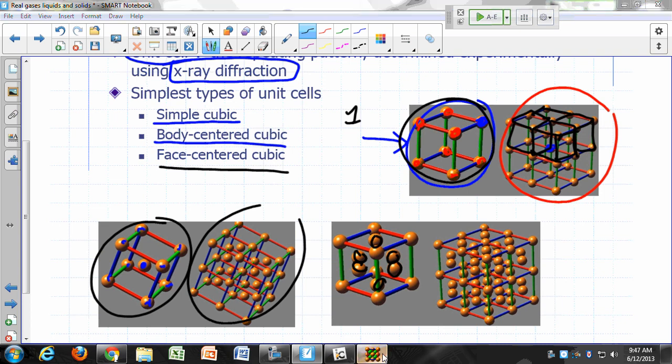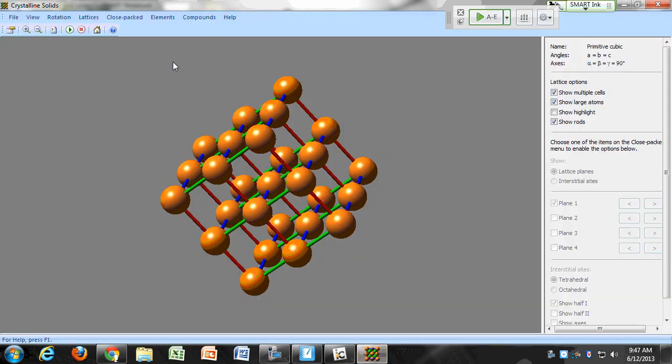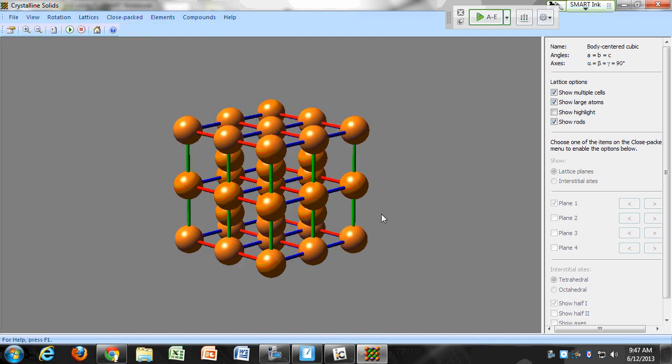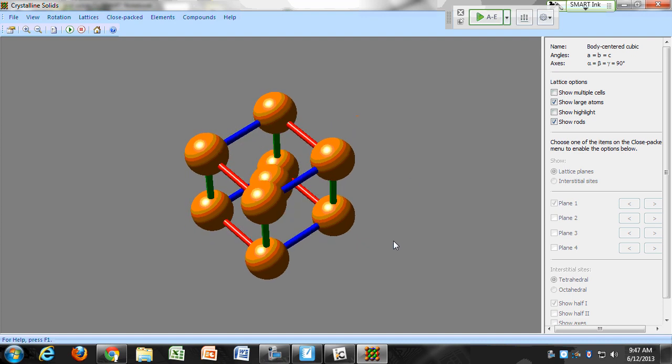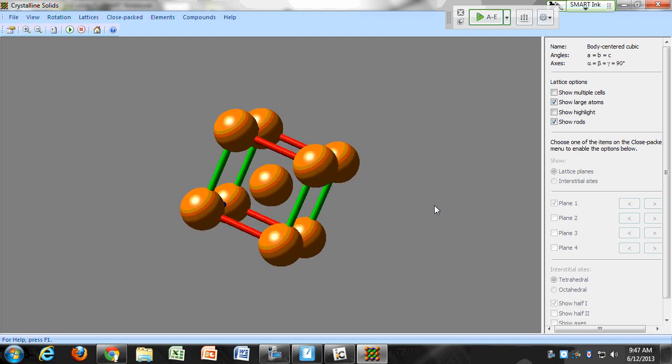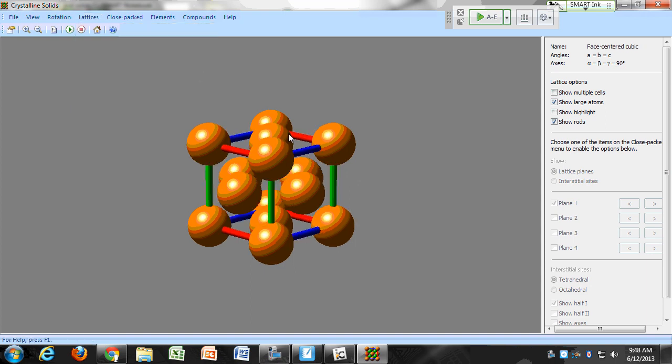Okay, let me see if I can make that visualization a little easier. This was the body-centered. This is your one cell. You've got one in the middle. That's easy to visualize. But if you have face-centered, look at that.